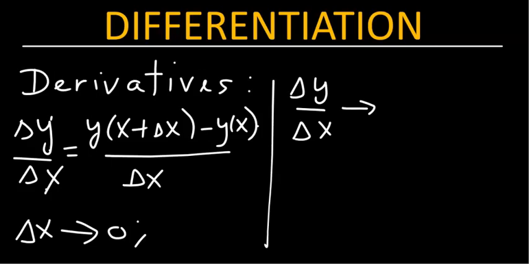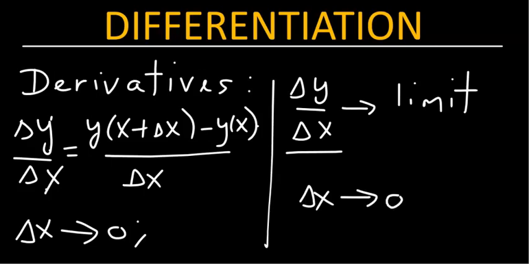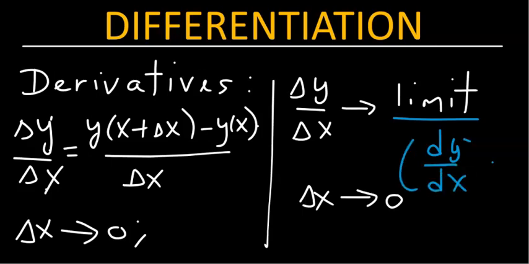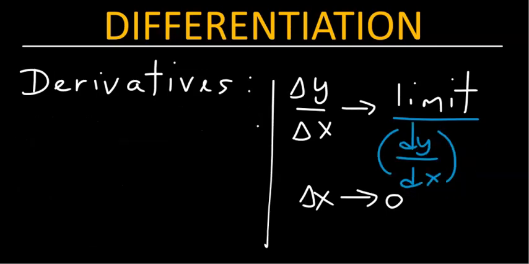But in general, this ratio approaches a limit as delta x tends to 0. And that limit is usually written as dy/dx, what we call the derivative of y with respect to x. And so we have the following definition for the derivative dy/dx.